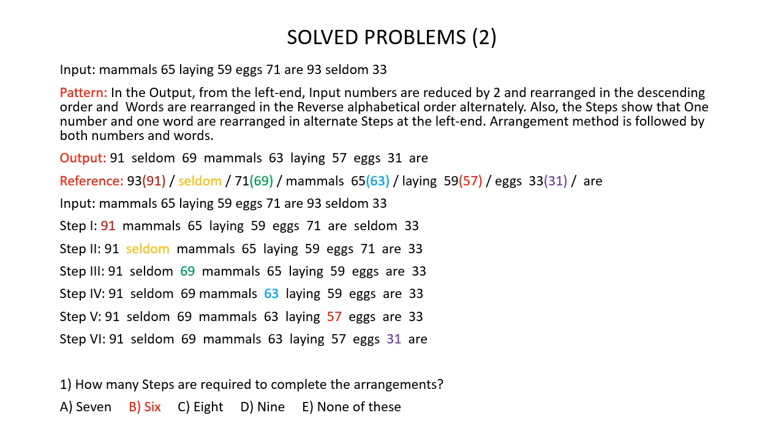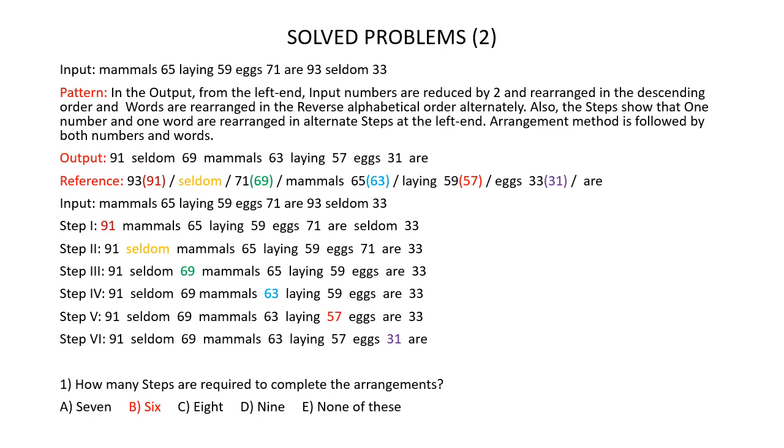Now let's find out the steps between the given input and the final output. So while finding out the rearrangement steps, we have to use the same order of elements as is given in this reference line.